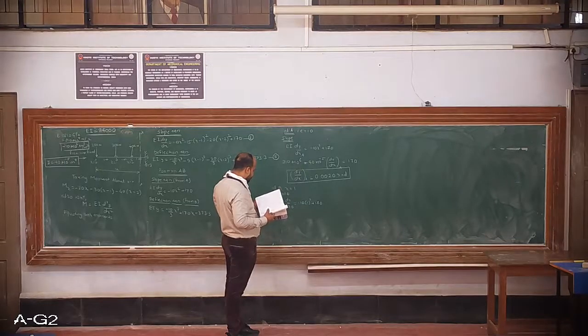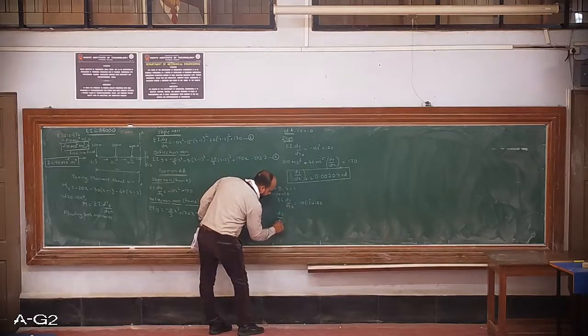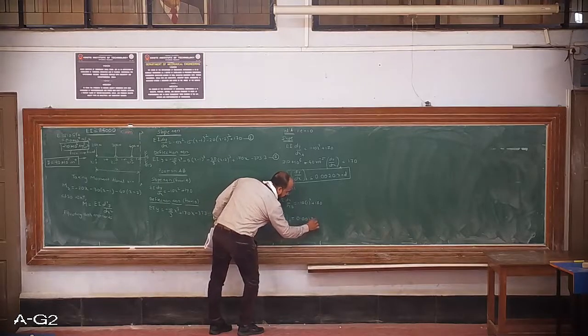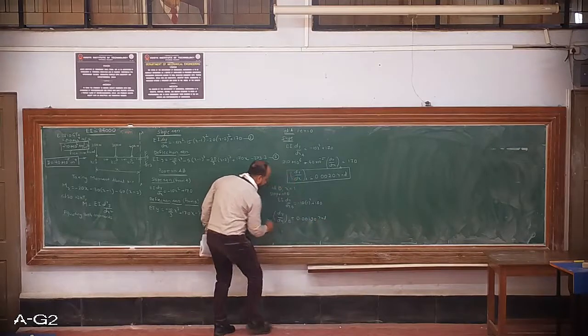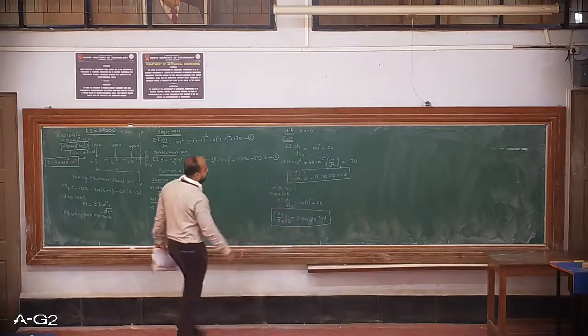I'm just cross checking, already I have the answers. It is 0.0019. So dy by dx at B is 0.0019 radians. This is your slope at the second location, that is at B.